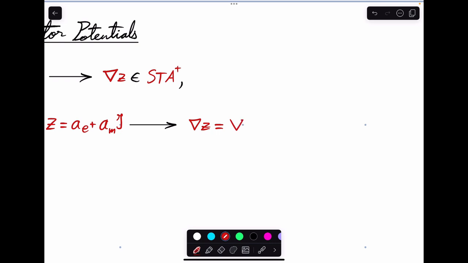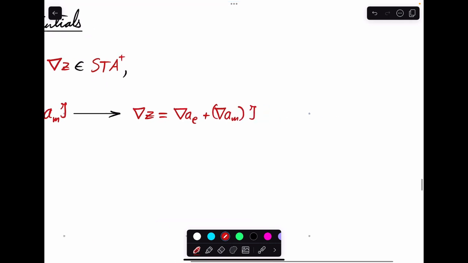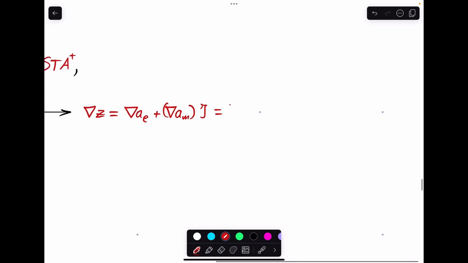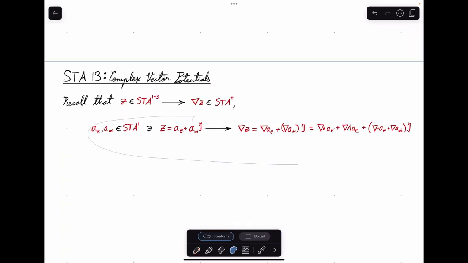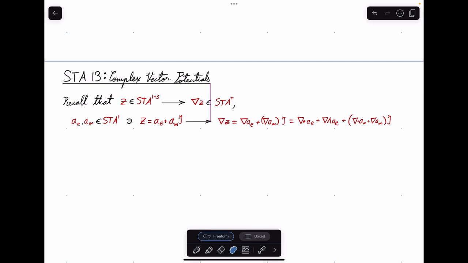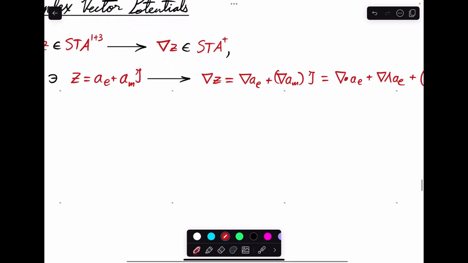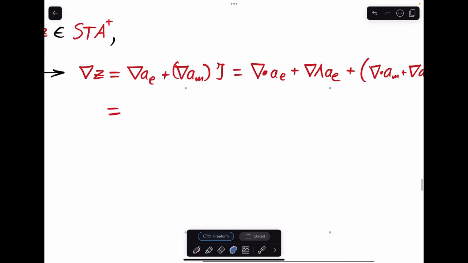So you have the gradient of AE plus the gradient of AM I, which is equal to the divergence of AE plus the curl of AE plus the divergence of AM plus the curl of AM right here, which I will then write out like this in one final form.